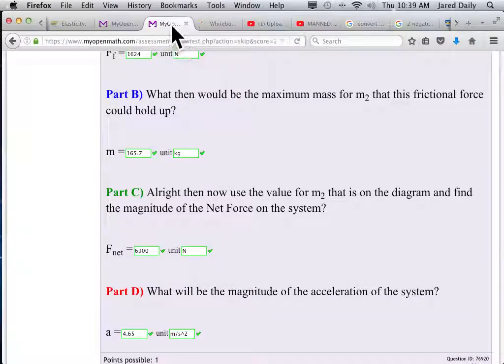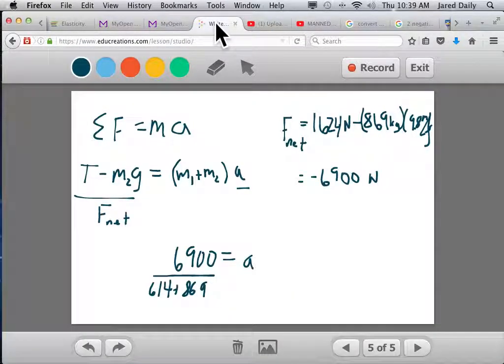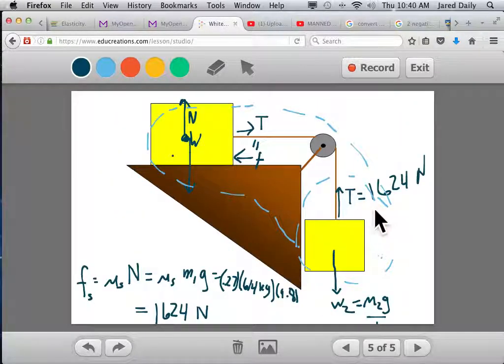Can you go back to the other page and notice that? So I went from here, my net force is just all the forces on the block in that situation. So we had tension up, weight 2 down, right? If we wanted to do the whole system, instead of tension up, it would have been friction and weight. Friction pulling the blocks this way, weight pulling the blocks this way, right?